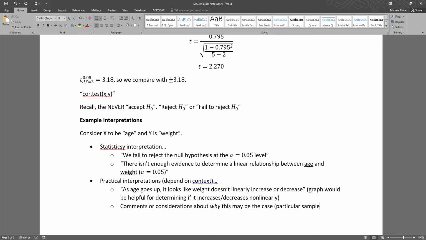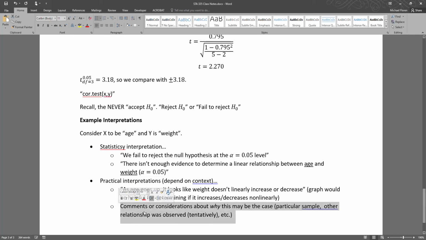So maybe the particular sample had something impactful. Maybe another relationship was observed tentatively, and you can't talk about other relationships unless you statistically test them, but you can mention that this was observed and mention that future statistical testing could discuss it. And there's other things that you could discuss on this. These types of considerations are something that I will expect in your write-ups.